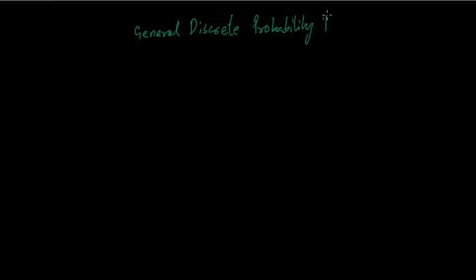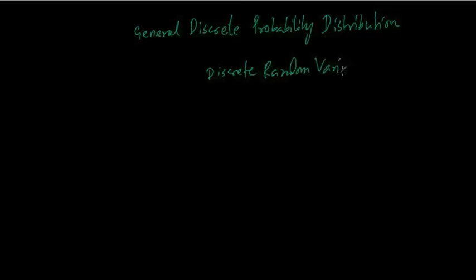What we do here is a general discrete probability distribution. For this type of sum you have to know the concept of what is a discrete random variable.